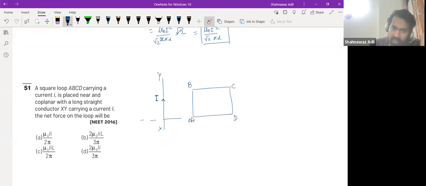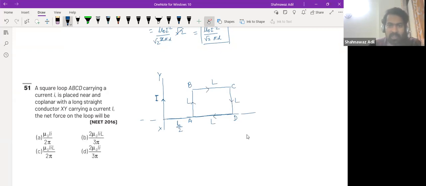And let's say this distance, this information is not given. The distance between A and the wire is L by 2. And this is a square, so this is L, this is L, this is L, this is L. And the current is passing in this way.